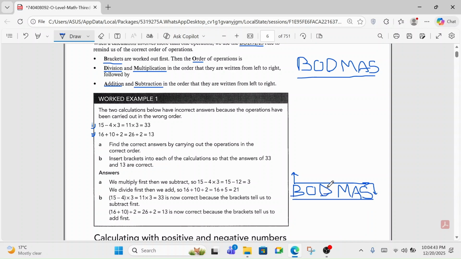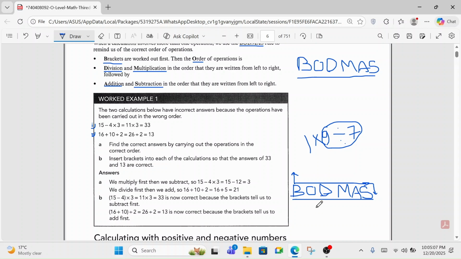So whenever, let's say for example, we have 1 times 9 divided by 7, what would you do? What would your first move be? Your first move would be to do 9 divided by 7. Now why 9 divided by 7?